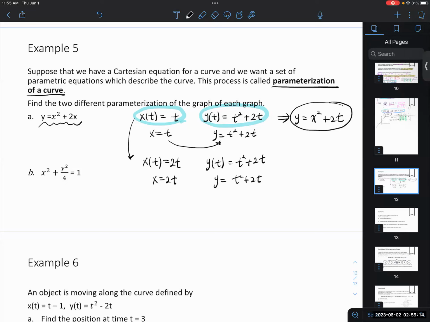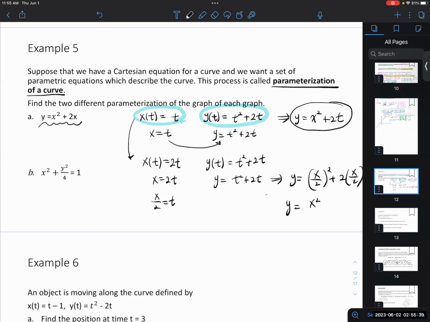So what are you going to do? You can plug in. You plug in x, and solve for x over 2 is t. So this is going to be y equal to (x over 2) squared plus 2 times x over 2.